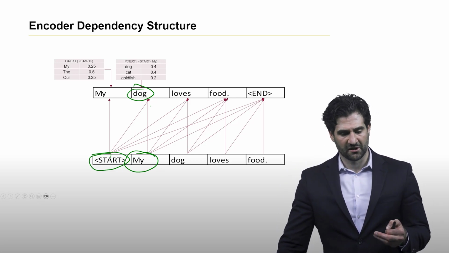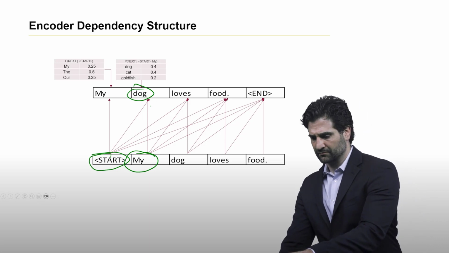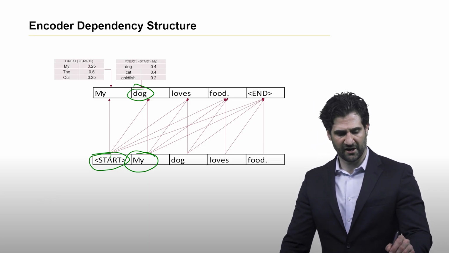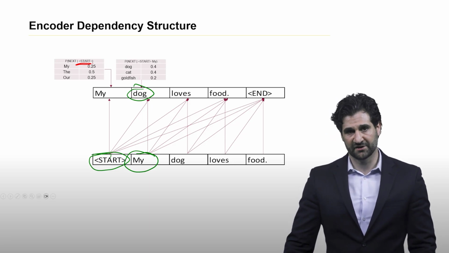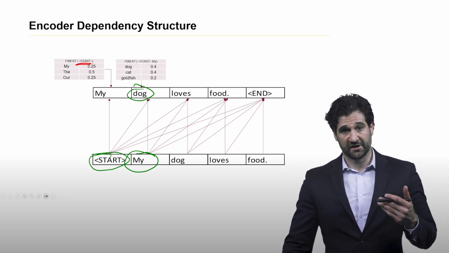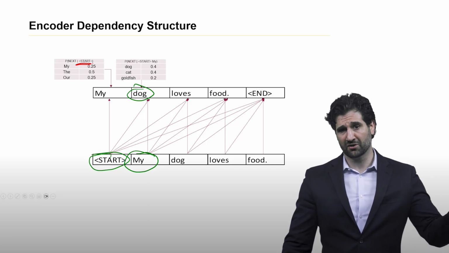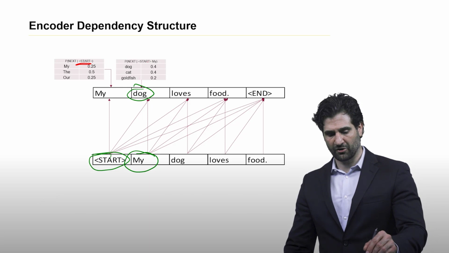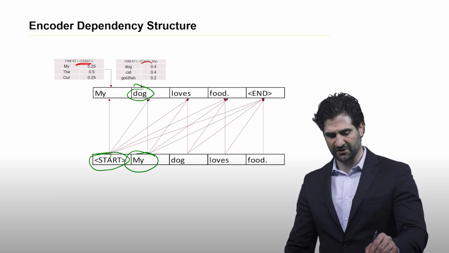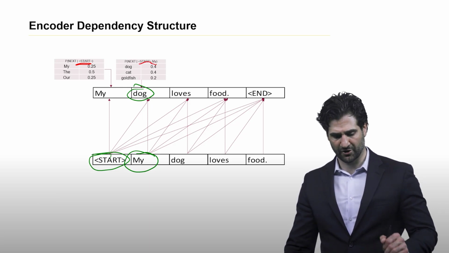But notice the first time we were conditioning on only the start character. So here we could think of, in this simple example, a big probability distribution over all words you'd commonly start a sentence with. Here, we're looking at conditioning on two things, the start token and the word my.